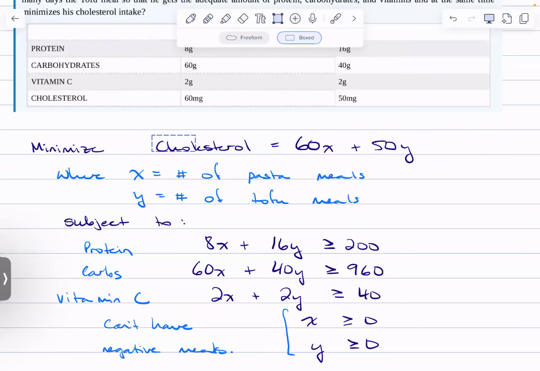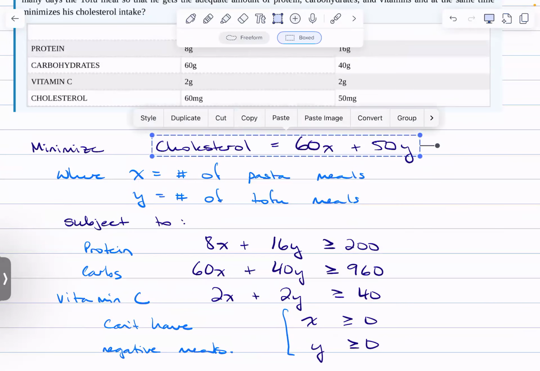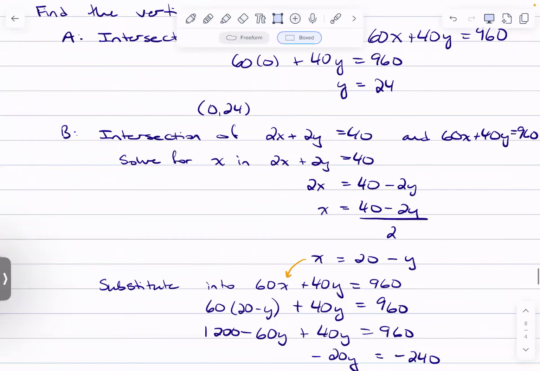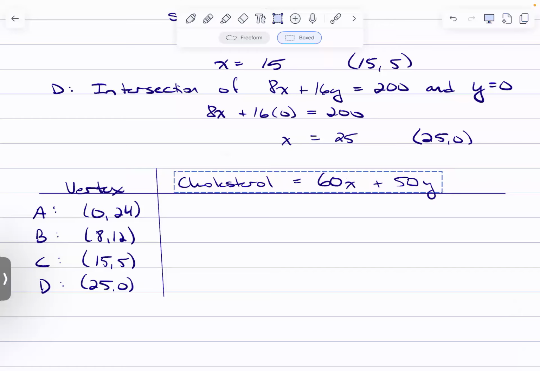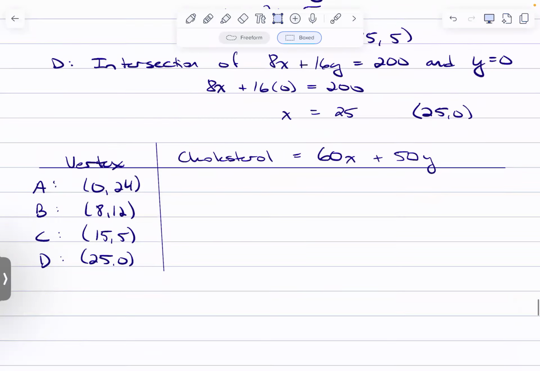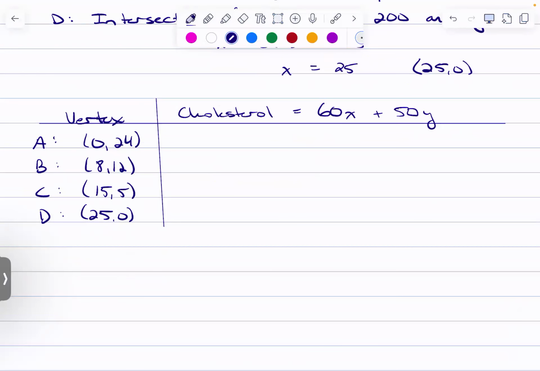We want to minimize, and remember, you want to minimize the cholesterol, which is 60x plus 50y. So we have 60 times 0 plus 50 times 24. 50 times 24 is 1,200.